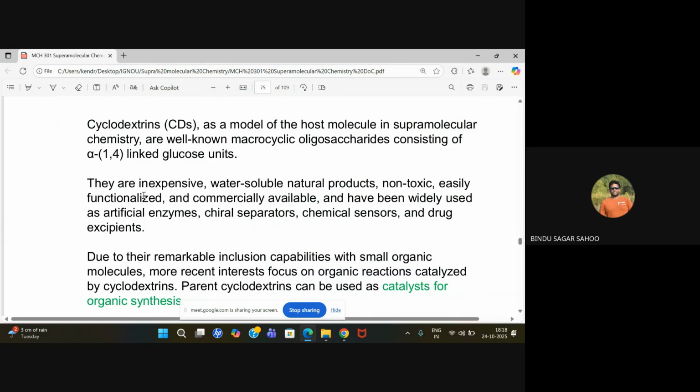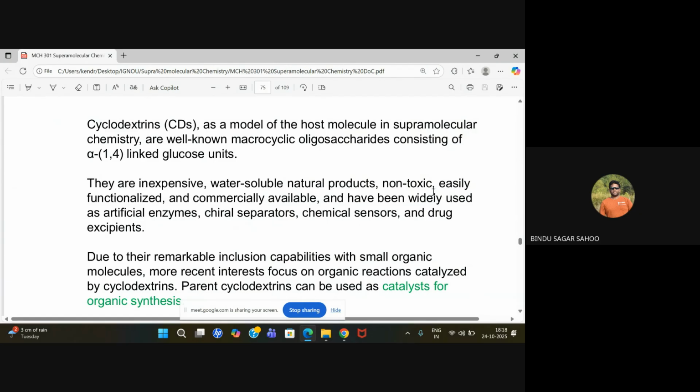So you can create an enzyme by using cyclodextrin, and you can add a guest molecule. The guest molecule is called the substrate, just like in lock and key theory. That means the cyclodextrin behaves like a lock, and the guest molecule behaves like a key.